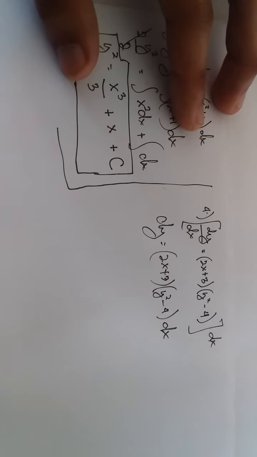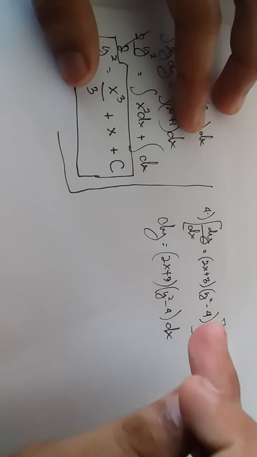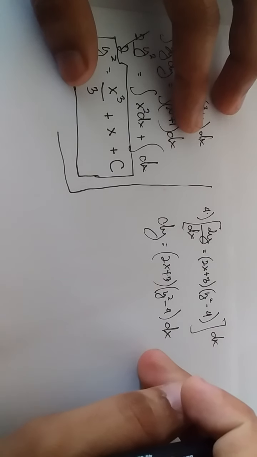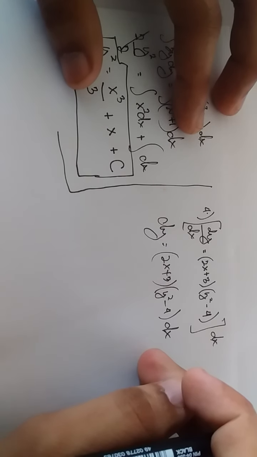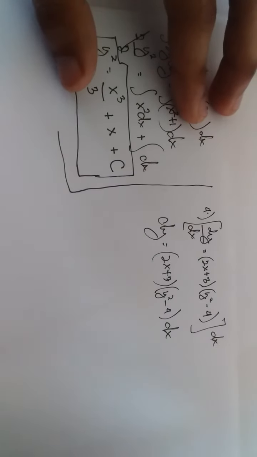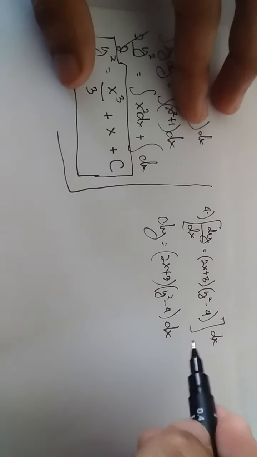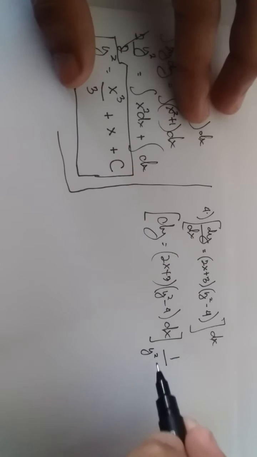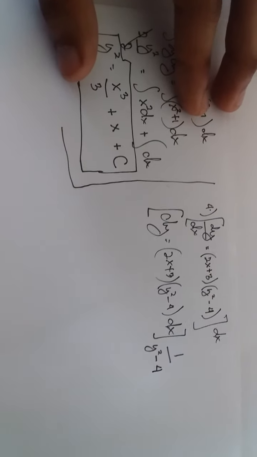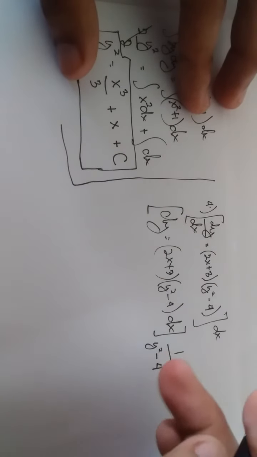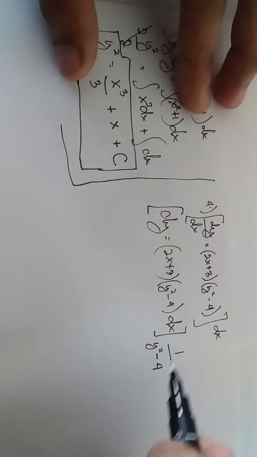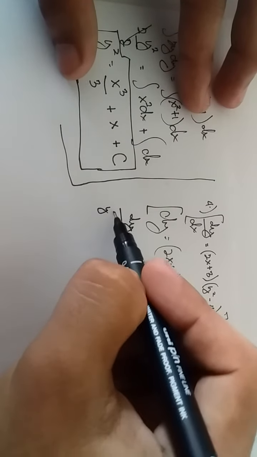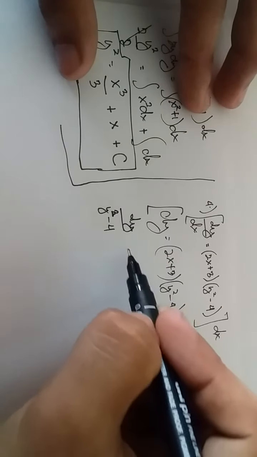Next, we want to segregate y squared minus 4 because it is found in the x family, so we'll put it in the y family. We multiply by 1 over y squared minus 4. On the right it cancels out, and on the left dy becomes dy over y squared minus 4.